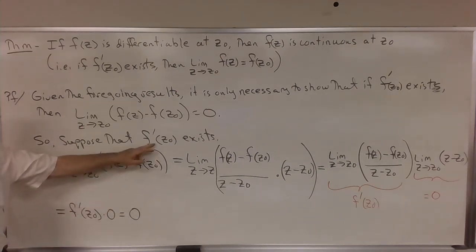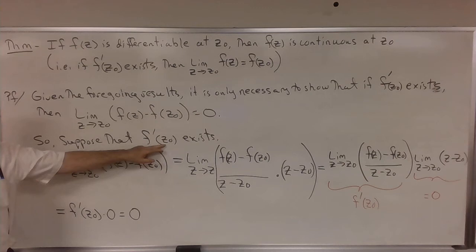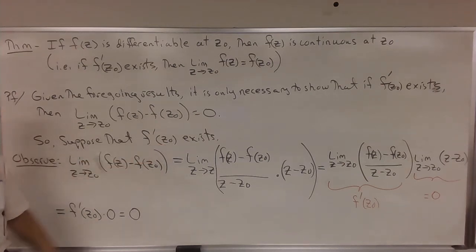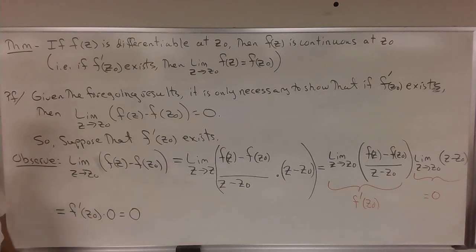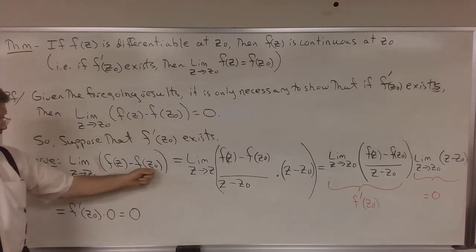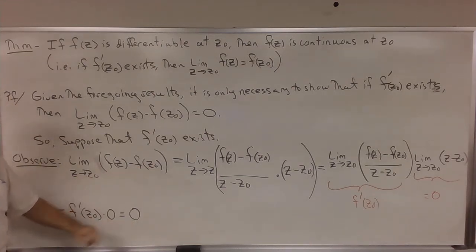Okay, we proved what we had to prove. Namely, that if we suppose that f prime evaluated at z0 exists, in other words, f is differentiable at z0, then the limit as z approaches z0 of f of z minus f of z0 is 0. And we might wonder really where the fact that f is differentiable at z0 comes into play.